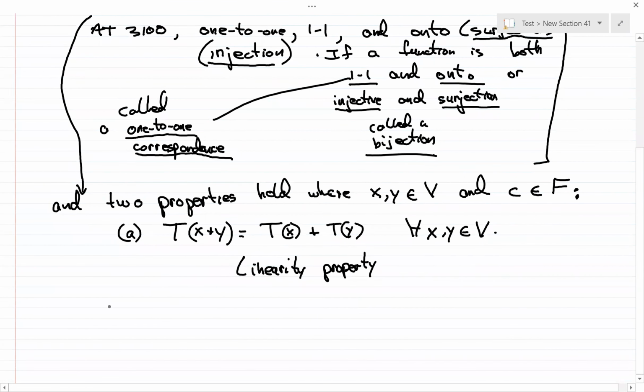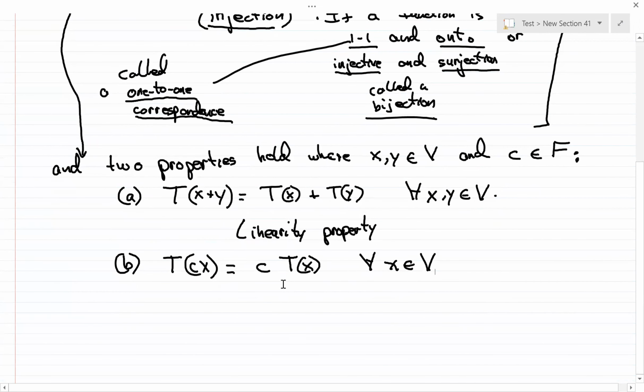And B is, you take any vector and you multiply it by a scalar. You get the same thing if you take C times the transformation of X. And this also holds for all X in V. So this would be a property of scalar multiplication.